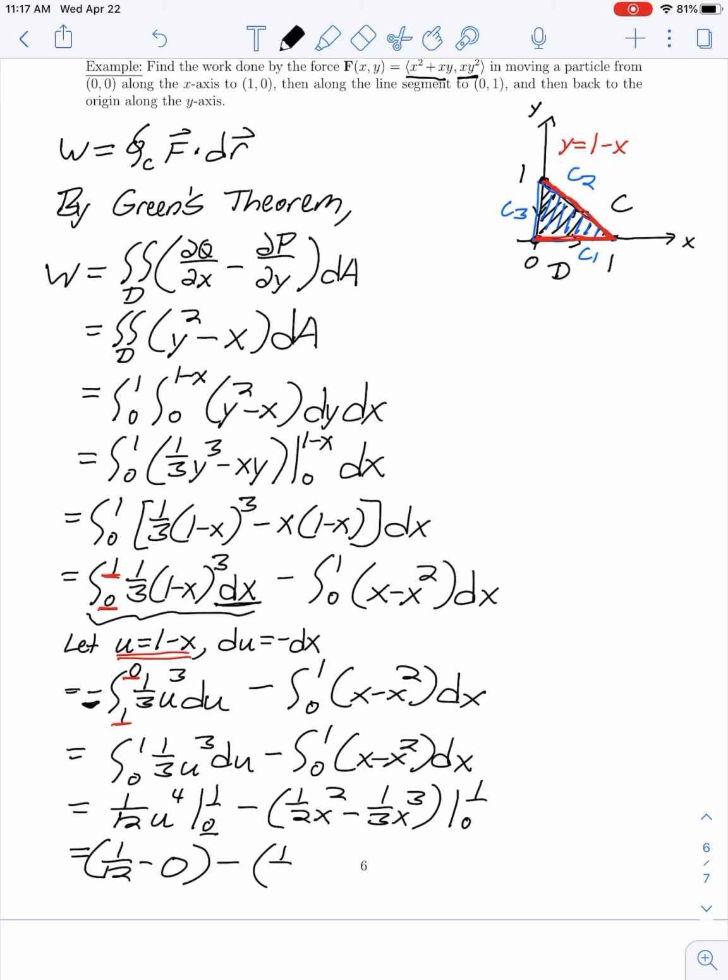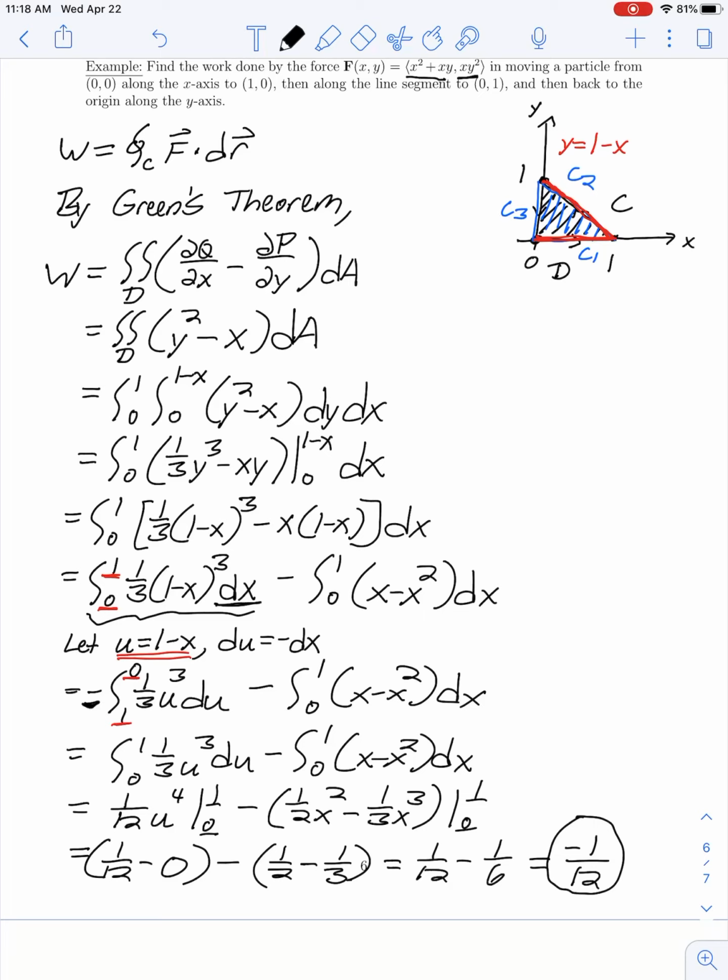When we plug in 1 for x, we have a 1/2 minus 1/3. Minus, when we plug in 0 for x, we get 0. So altogether, we are left with 1/12 minus 1/6, or 2/12. So 1/12 minus 2/12 leaves us with a -1/12 for the work done by that vector field in moving the object along this closed curve.